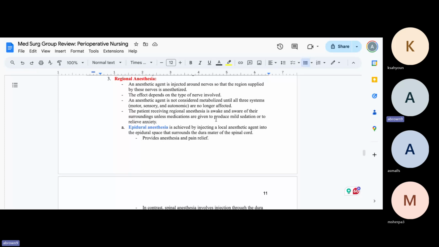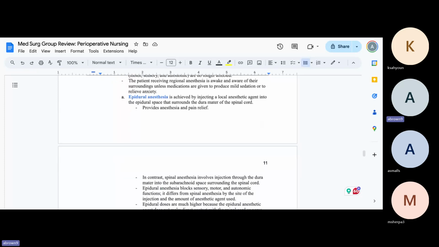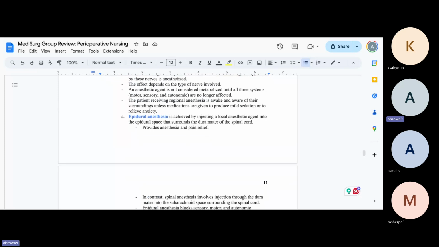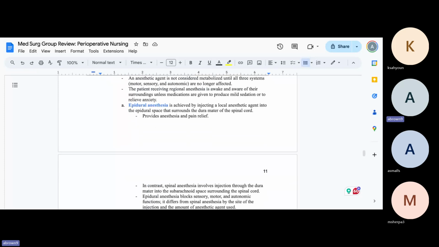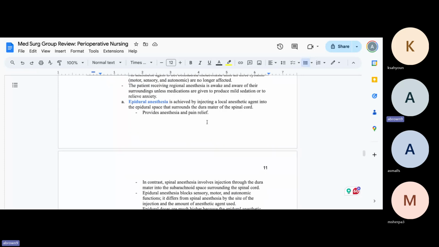The patient receiving regional anesthesia is awake and aware of their surroundings, unless medications are given to produce mild sedation or to relieve anxiety. So with regional, this patient is awake and can be aware of what's going on. An example of this is epidural anesthesia. We know that a lot of women going into labor are given an epidural.